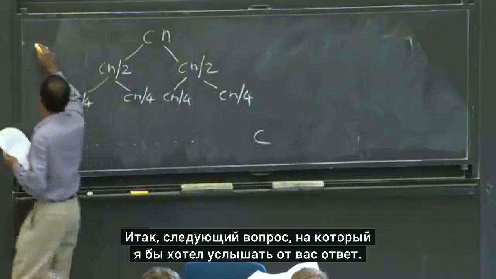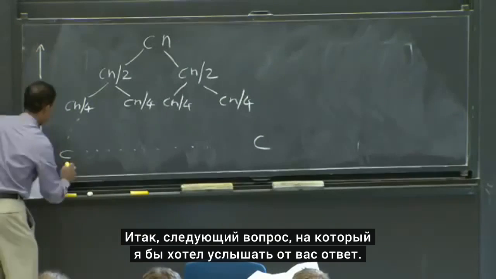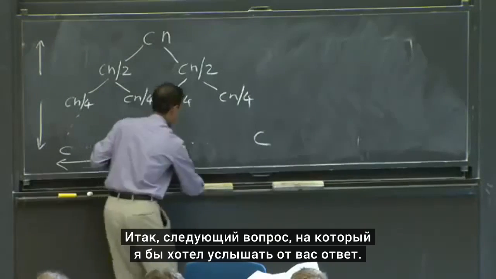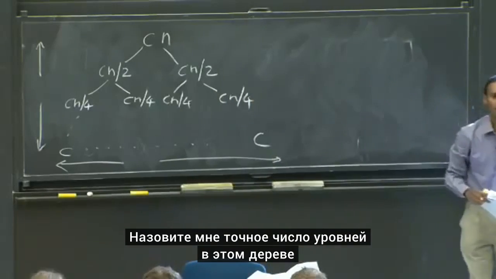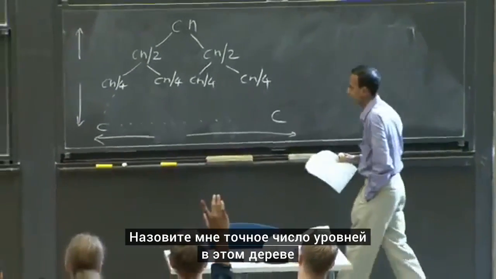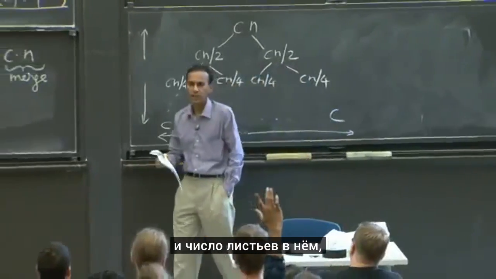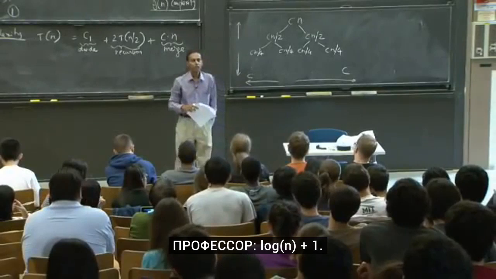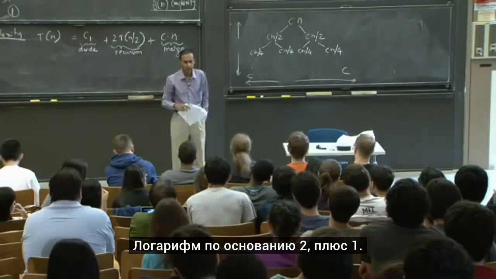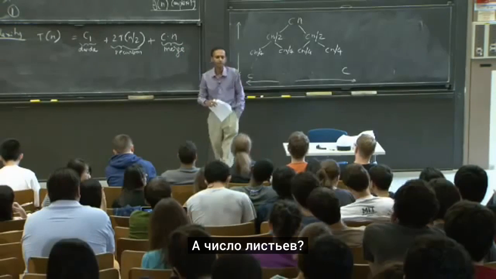All right? So here's another question that I'd like you to answer. Someone tell me what the number of levels in this tree are precisely, and the number of leaves in this tree are precisely. Yeah? Number of levels is log n plus 1, log to the base 2 plus 1. Yeah, and the number of leaves?